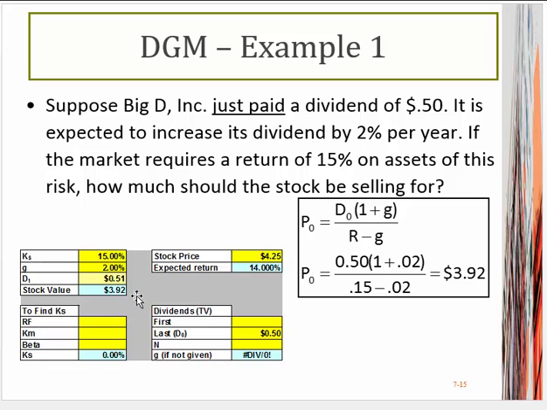Now, if I were to tell you that this stock was currently selling for $4.25, would you purchase this stock? In other words, would you pay $4.25 to buy something worth $3.92? Of course, I hope you see that the answer is no, you wouldn't. However, if you did buy the stock for $4.25, you would earn 14%.